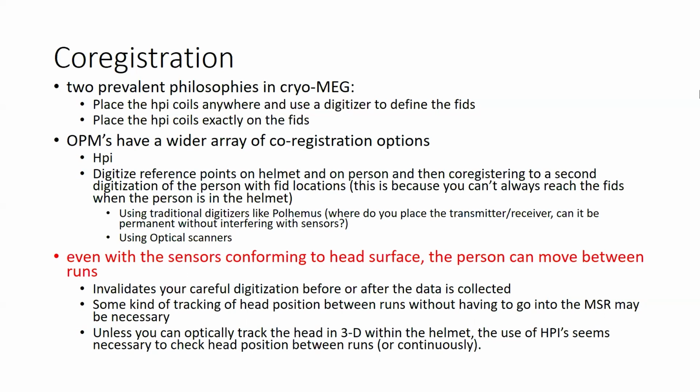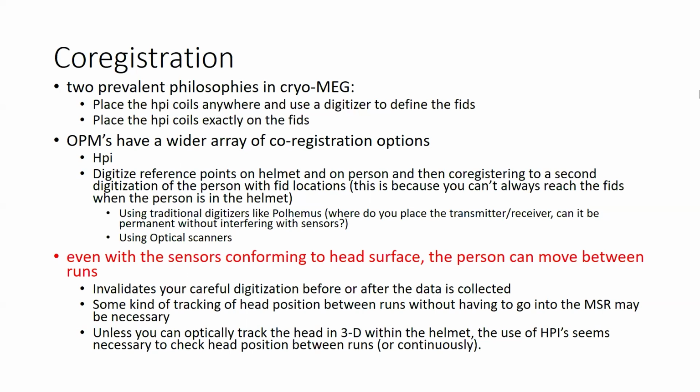And so I have found that the traditional method of using HPIs and localizing HPIs every time they move or every time data is collected, just like with SQUID data, seems to be the best in terms of keeping the best co-registration for the data. So just another thing to consider.